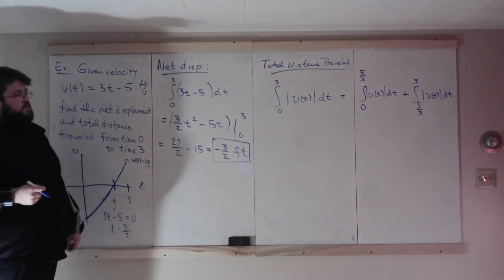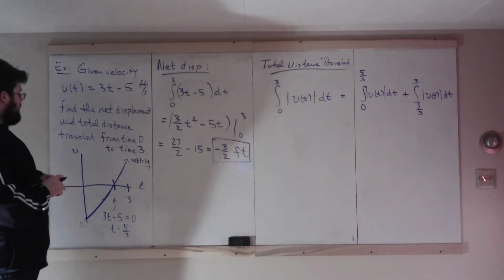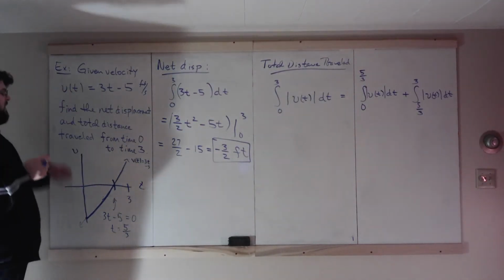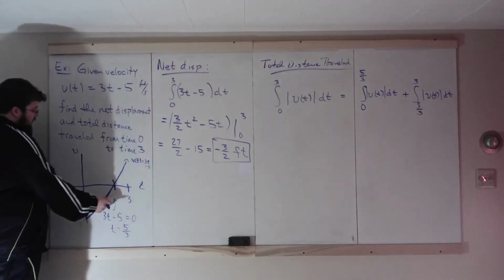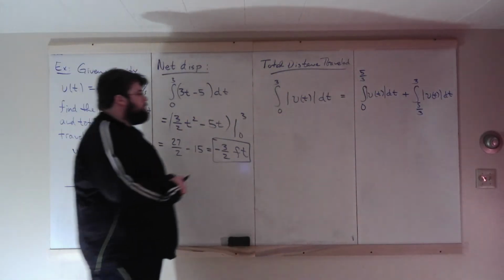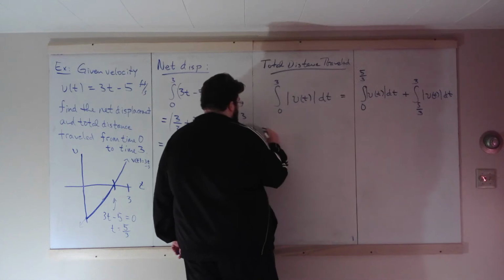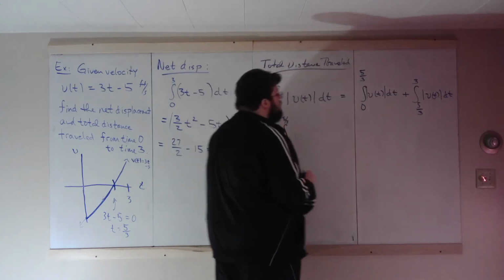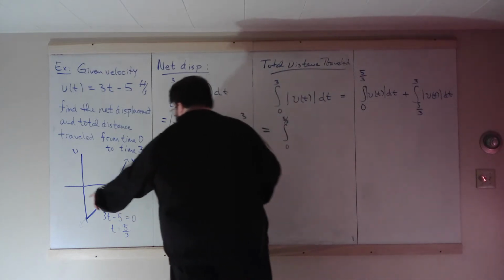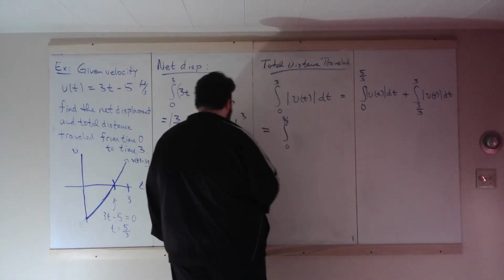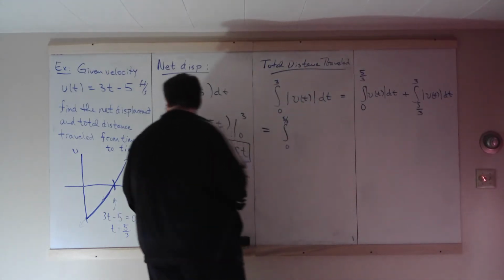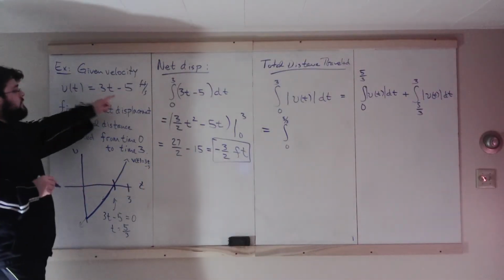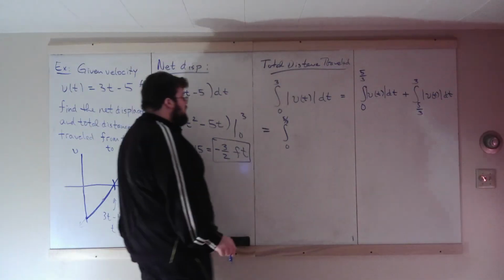Well, the next thing we need to do is take the absolute value of our velocity function. This graph makes it clear where it's negative and where it's positive. On 0 to 5/3 it's negative, so for our velocity function 3t minus 5, we want the absolute value of a negative.